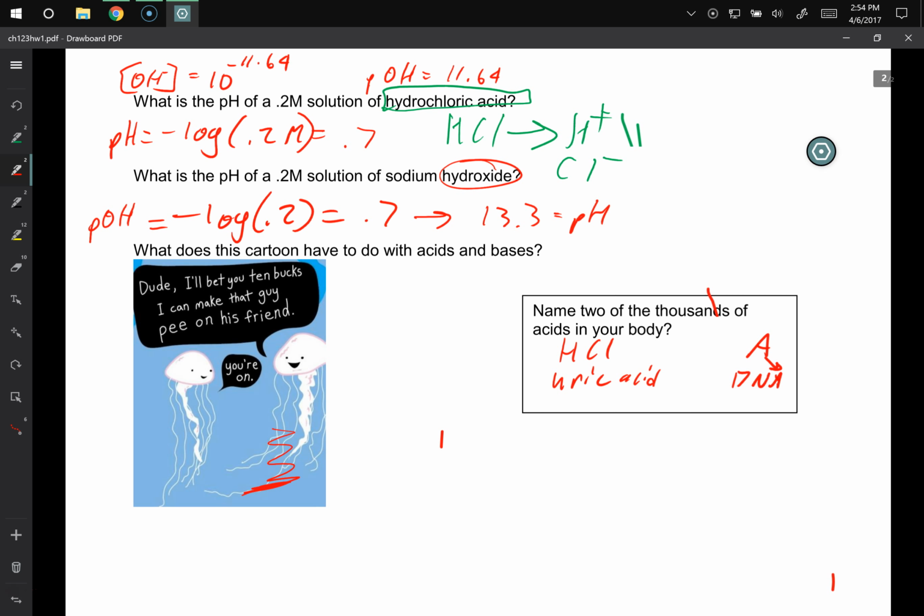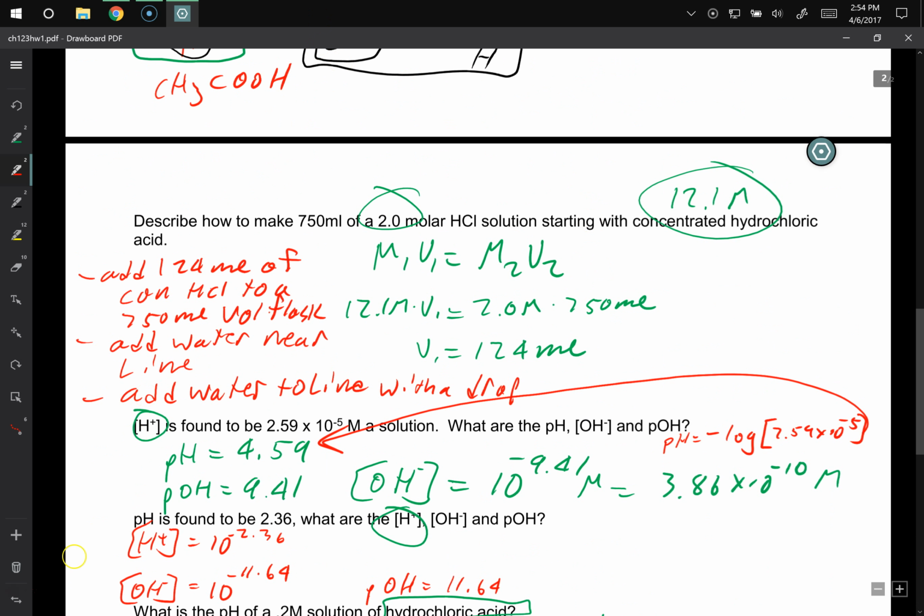Nobody wants to say lysine, glycine, any of the amino acids? All your proteins are made of amino acids. Any of your amino acids would have been fine. How about anything that constitutes a cell membrane? Those guys are all fatty acids. Arachidonic acid? No? Okay.